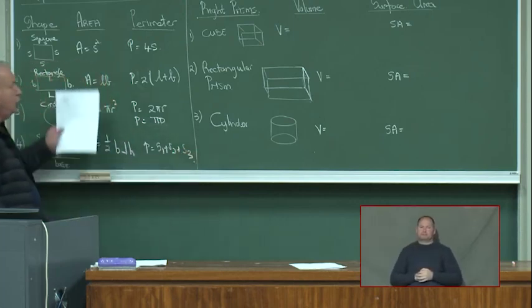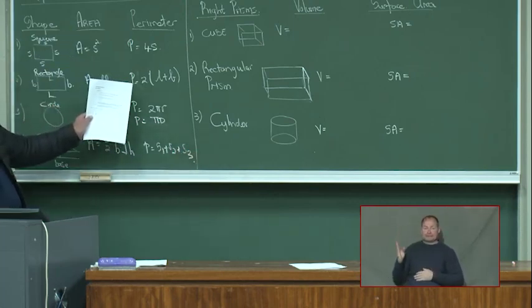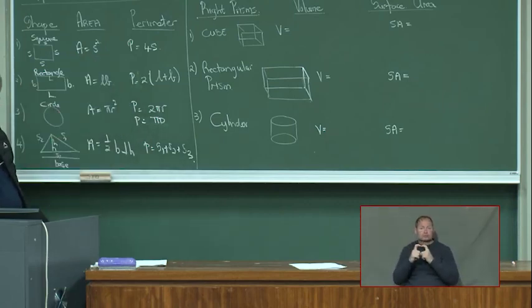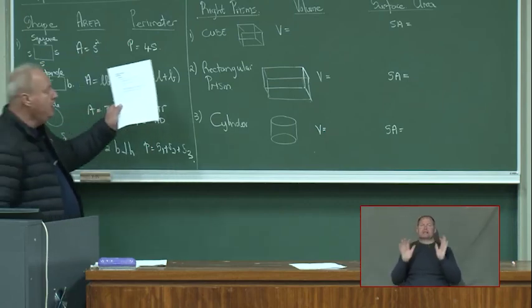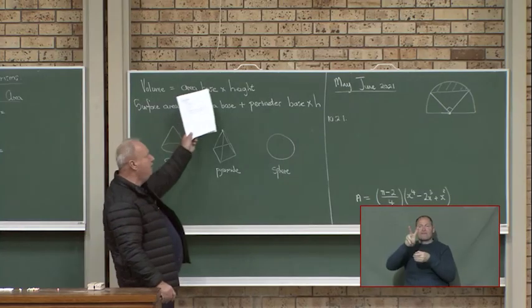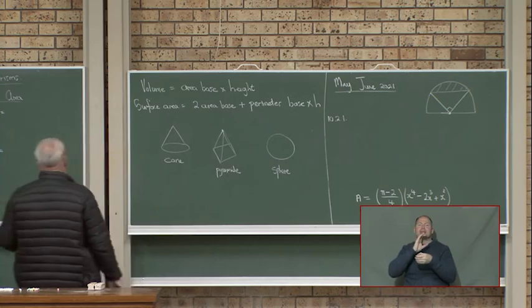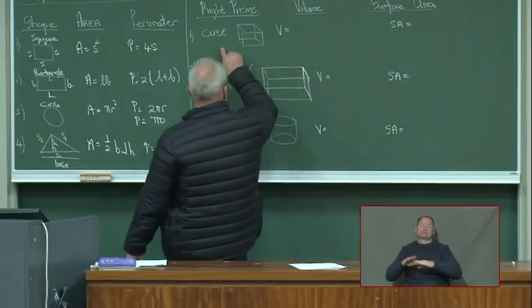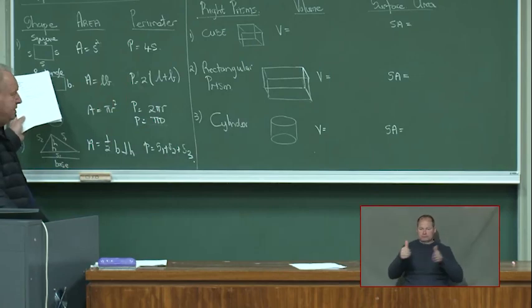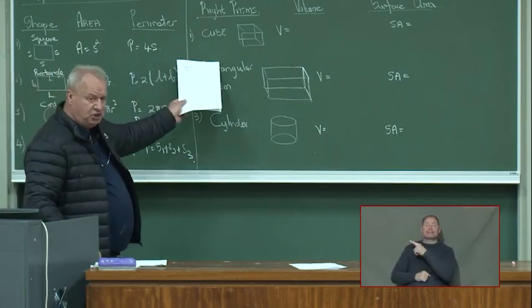Now we're going to use these formulas in the generic formula for the volume and the surface area. Let me explain to you. We know that the volume of a right prism is the area of the base times the height. Now people, if we look at a cube, remember a square is on a flat surface, but this here is three-dimensional.